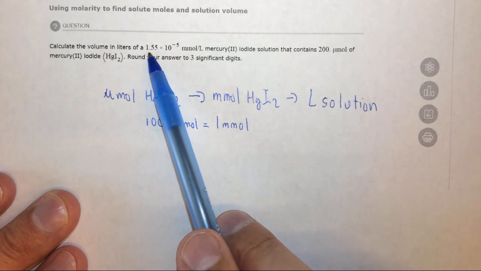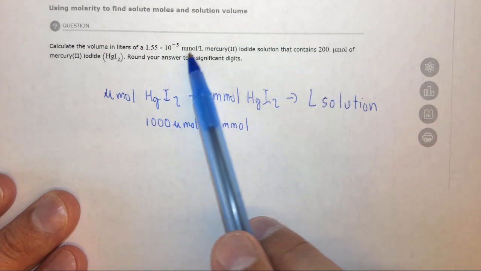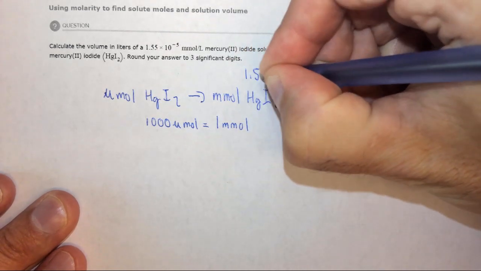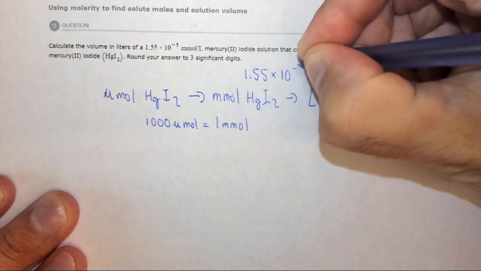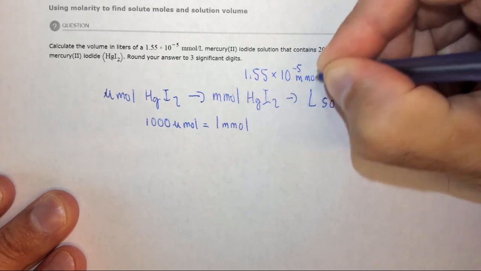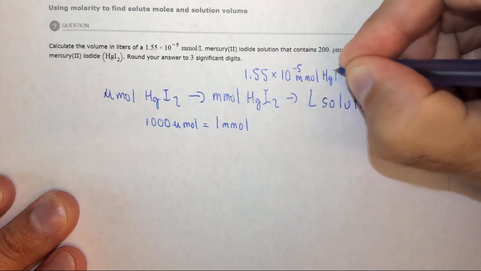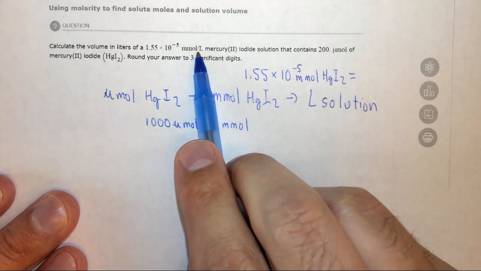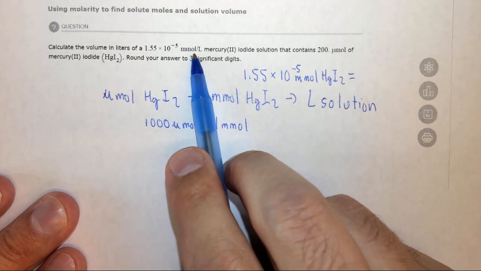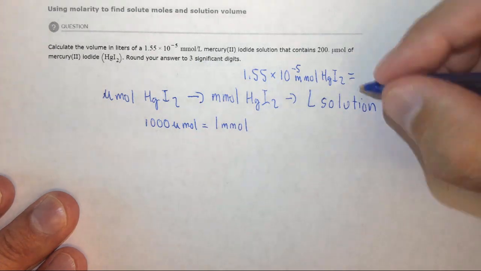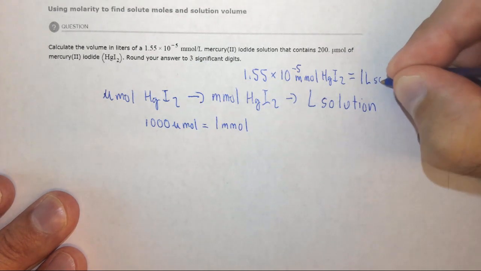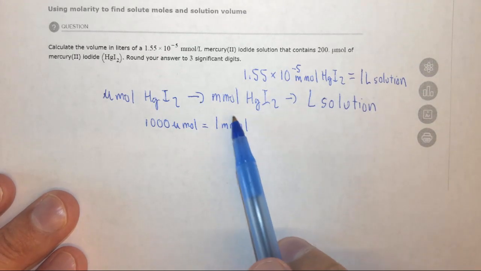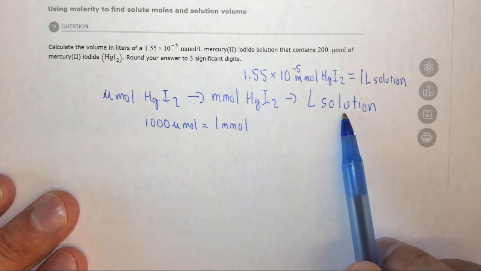If the solution is 1.55 times 10 to the minus 5 millimole per liter, that means that 1.55 times 10 to the minus 5 millimoles of HgI2 equals exactly 1 liter of solution, because it's this many millimoles per 1 liter. So it equals 1 liter solution. So now we have an equality that will allow us to convert from millimoles to liters.